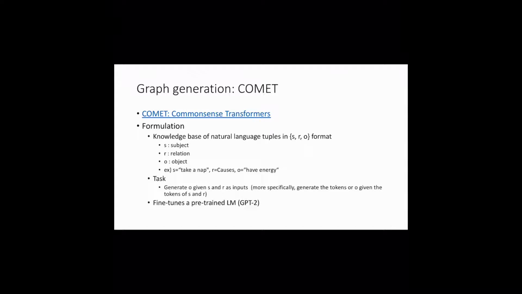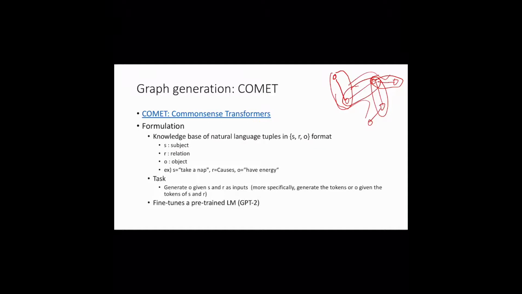So if NetGAN was operating over paths given by a random walk, Comet only deals with single tuples that consist of two entities and a relation.